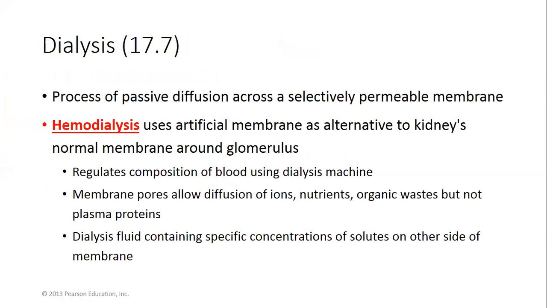Treatment for kidney failure is dialysis, and hemodialysis uses an artificial membrane to act like your kidneys, because your kidneys aren't able to function properly. It can take the place of your kidney function for you. It's a machine that filters your blood and filters all the nasty things out of it that aren't supposed to be there, because your kidneys aren't able to do that.